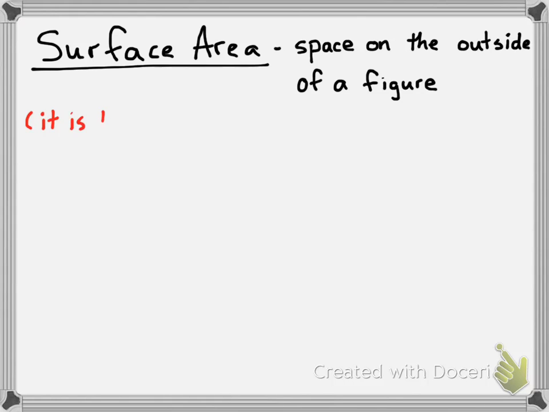An example would be like how much paint it takes to paint a cube, or how much leather is on a basketball. It's the surface area, how much space is on the surface.